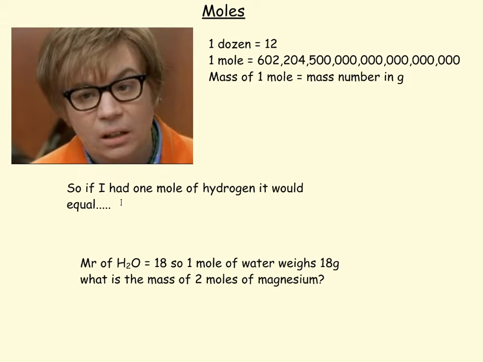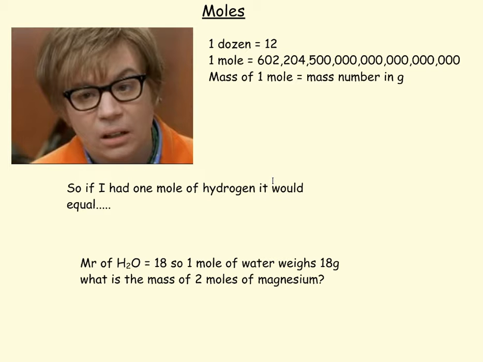Okay, so what else could you tell me about it? Well, if I had 1 mole of hydrogen, I'd have that many atoms. And the mass of that many atoms would be equal to the top number of hydrogen, the mass number. If I look it up, even though I know it's 1, so 1 gram.